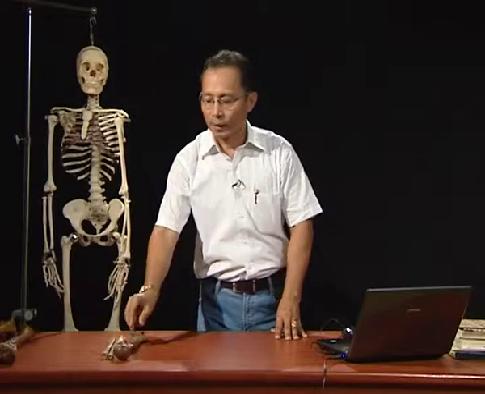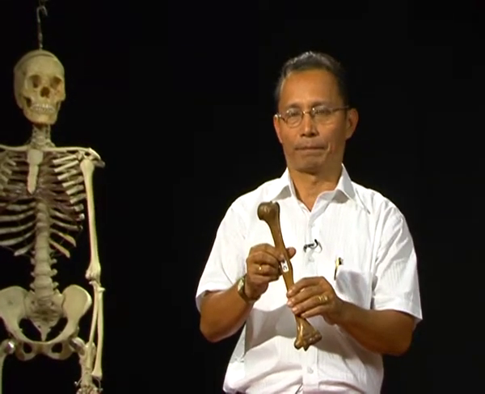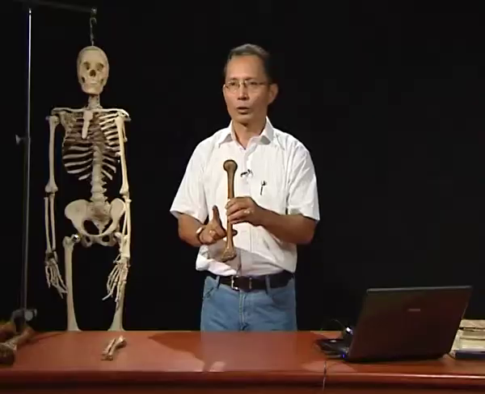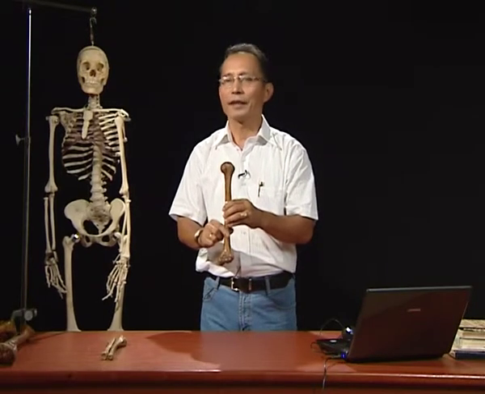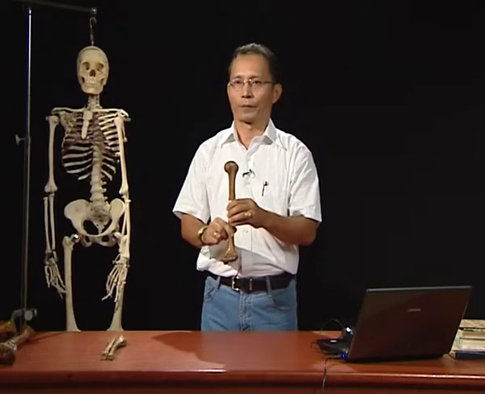This is an articulated single humerus of a human being. This humerus is an endoskeleton because it is found underneath the tissue, underneath the skin of our body. So, the type of skeleton is endoskeleton.